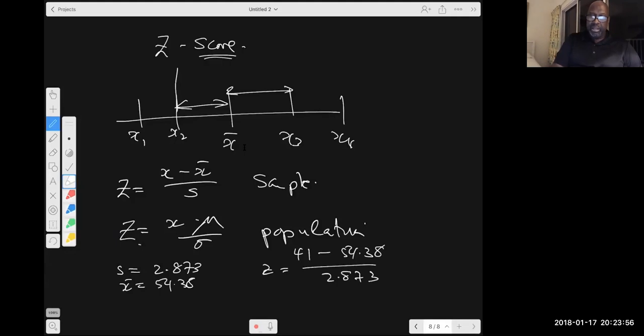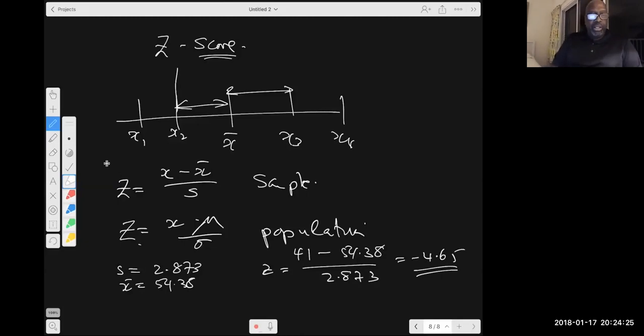So that is 41 minus 54.38. I'm using Excel to calculate that right now, divided by 2.873. It turns out it's negative 4.65. That is indeed an outlier.